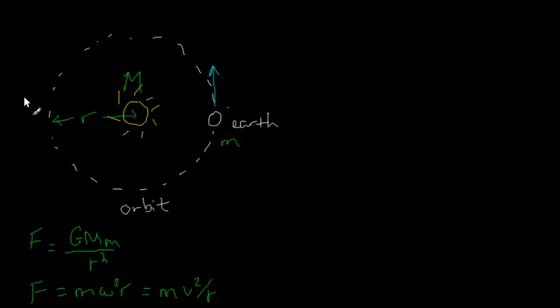So what we are going to do is make a hypothesis that the gravitational force from the Sun provides the centripetal force that causes the Earth to go around the Sun.